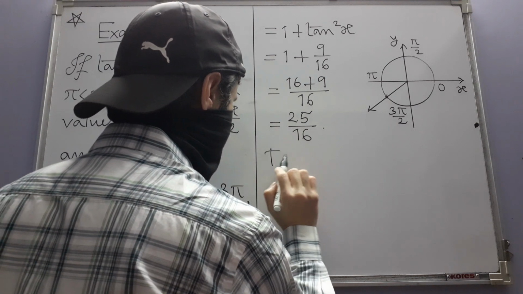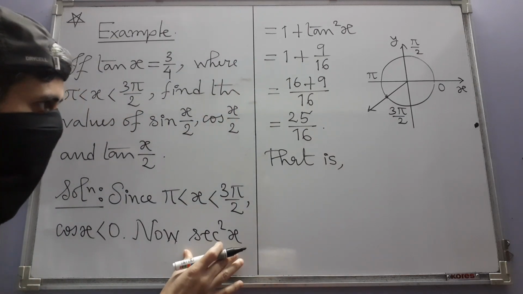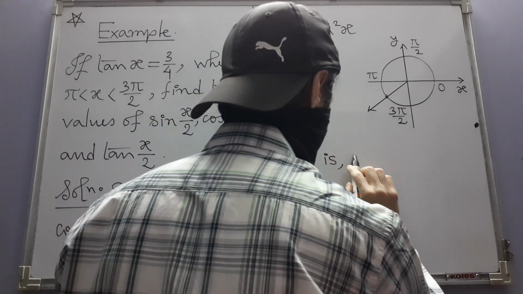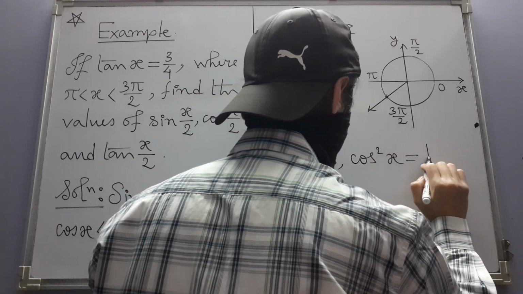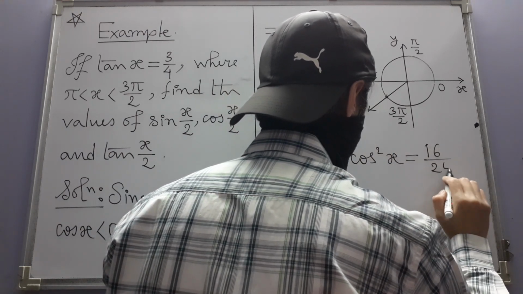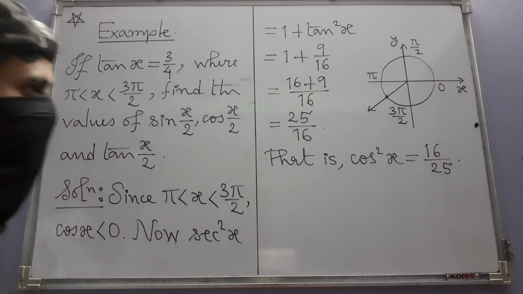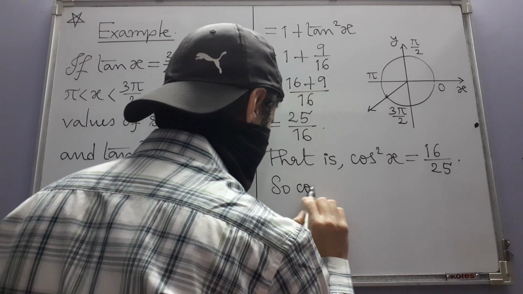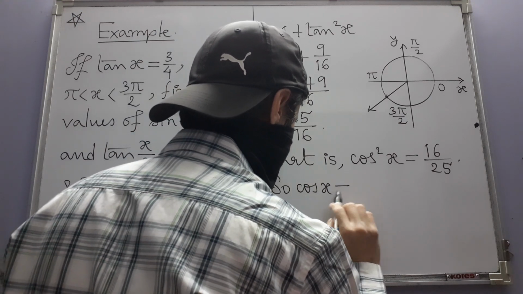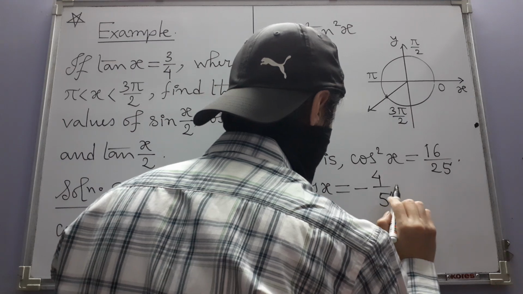So this is secant square x, that means cos square x will be 16 over 25, but cos x should be negative, so cos x is minus 4 divided by 5.